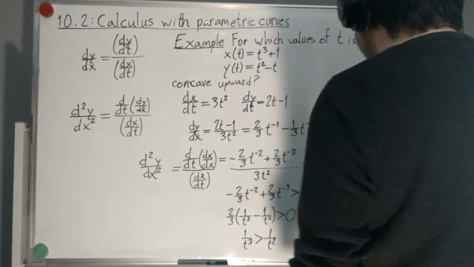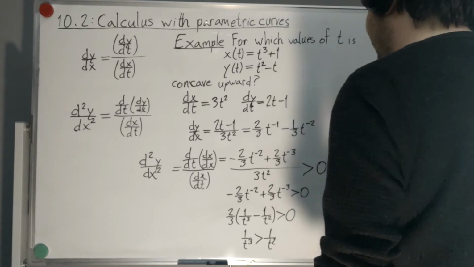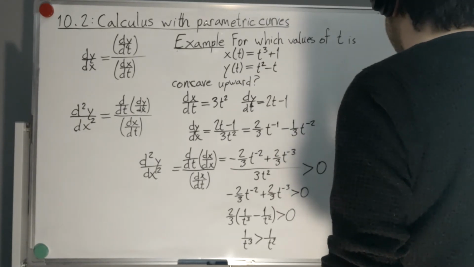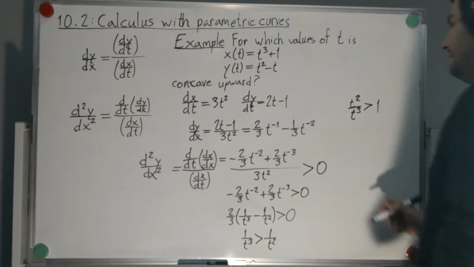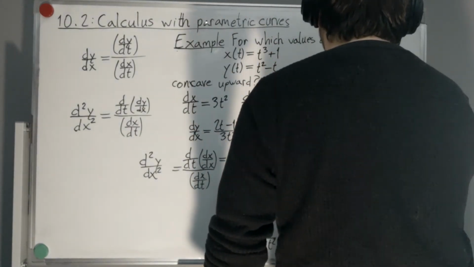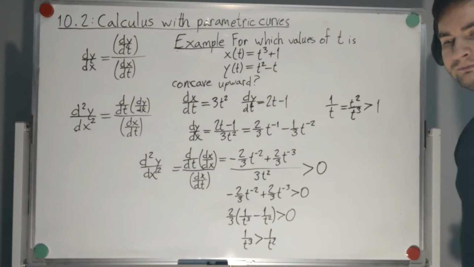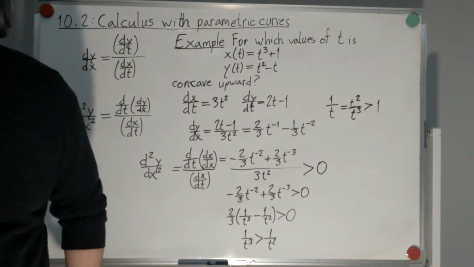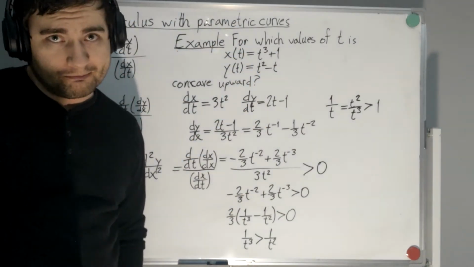So then this becomes t squared over t cubed has to be greater than 1. Now, t squared over t cubed is 1 over t. So in other words, we're looking to see where 1 over t is greater than 1.